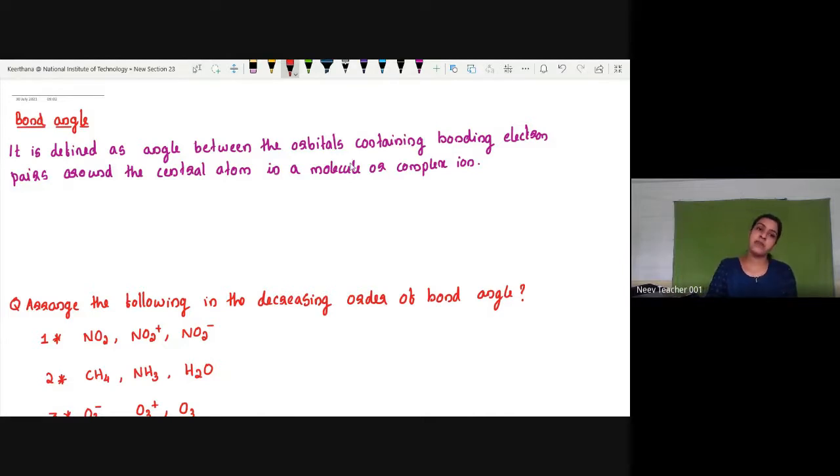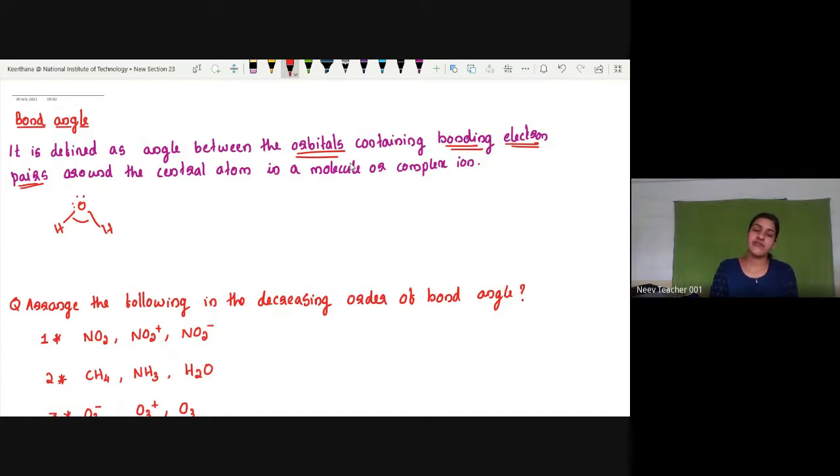If you are considering OH2, it is simply the angle between two bonds. It is defined as the angle between the orbitals containing bonding electron pairs, which means the orbital containing bonding electron pairs is forming a bond. So it is simply the angle between two bonds.